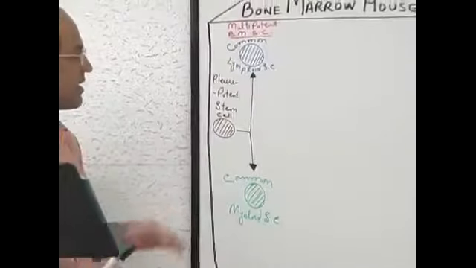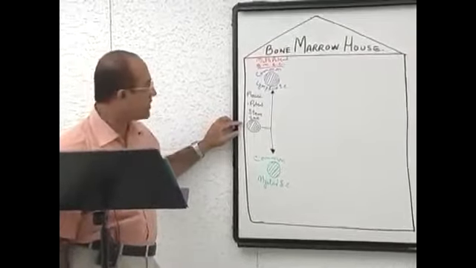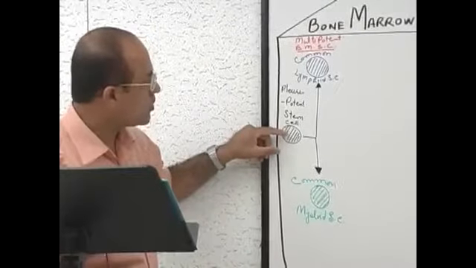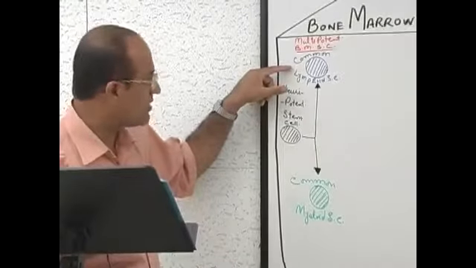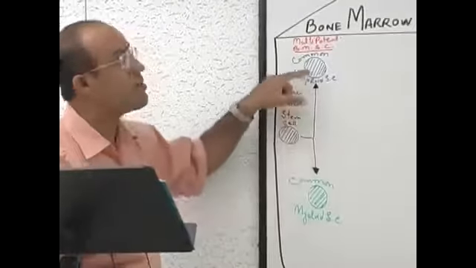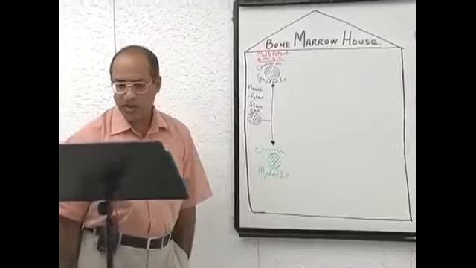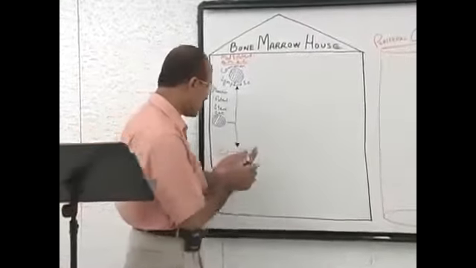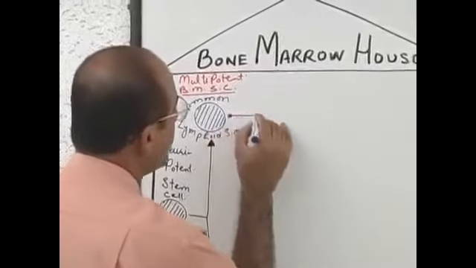So what we can say is that in the bone marrow there are pluripotent stem cells, and when they are appropriately stimulated with certain growth factors, they can divide into common myeloid stem cells or common lymphoid stem cells, and these two cells are not pluripotent, now they are called multipotent. These multipotent stem cells will further divide into cells which are called committed stem cells.